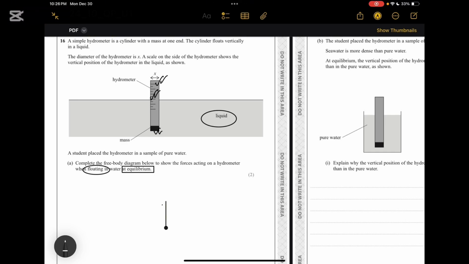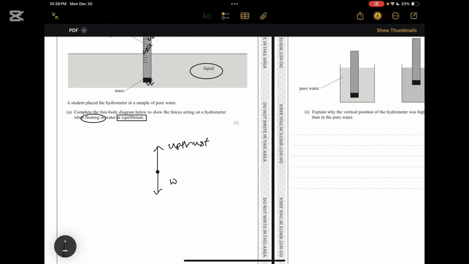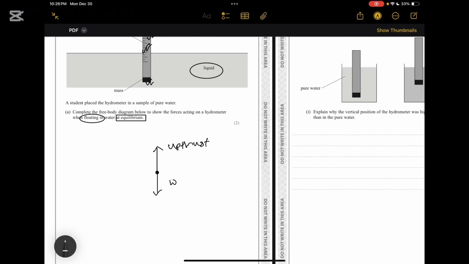This is our upthrust force, which must be equal to the weight. So the upthrust is equal to the weight. All right, so this is what we have to draw, and we can also mention that the upthrust is equal to weight.